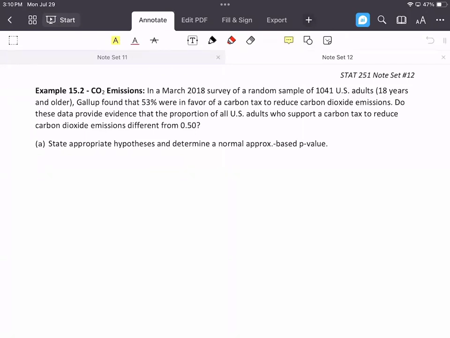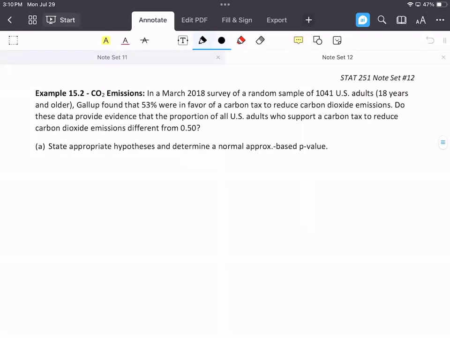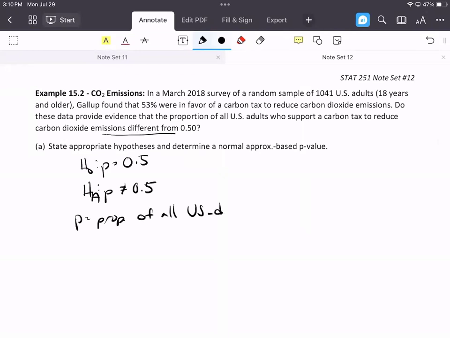So let's see. We're going to first of all start out with the hypotheses. We've got the null, nothing special is happening, and the alternate. Here we see, is it different than 0.5? So it's not less than or greater than, it is different. p is the proportion of all US adults who support a carbon tax.